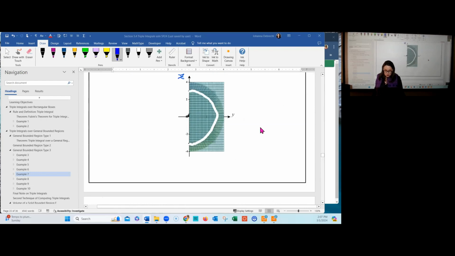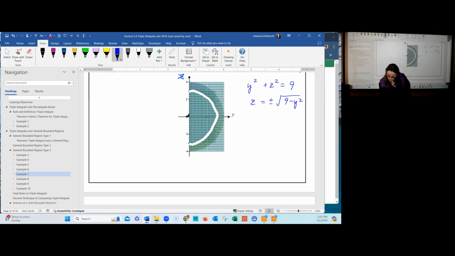So if we return to the projection into the YZ plane, remember that the equation of the semicircle, it's not x, it's y squared plus z squared equals 9. Then if I want to write z as a function of y, I isolate the z and I get plus or minus the square root of 9 minus y squared.